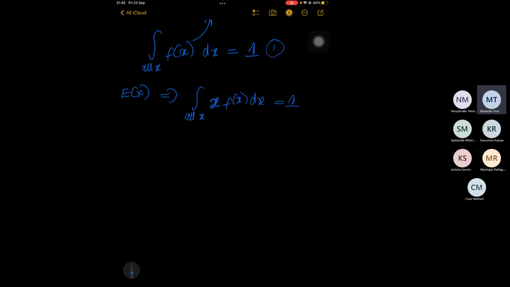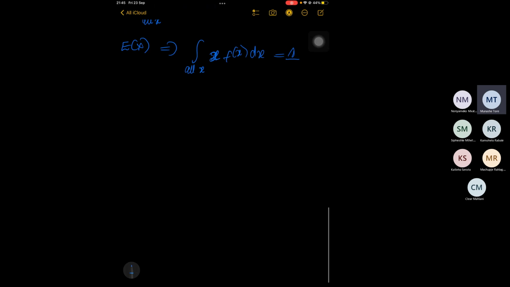So what it means is for any probability density function that you are given, you multiply it by X, then you integrate within the limits that you are told, and the answer that you get will be the expectation of that function. So this is for E of X.